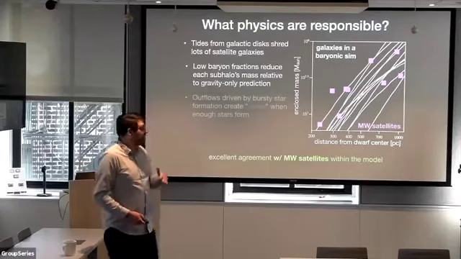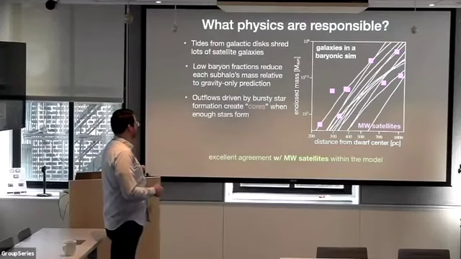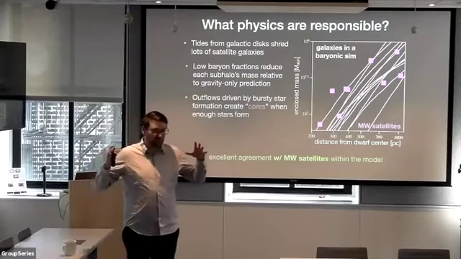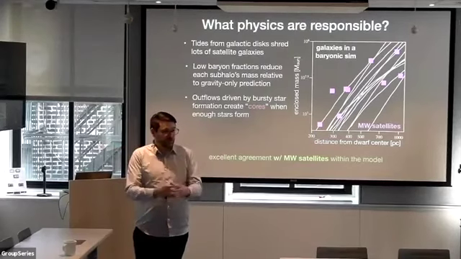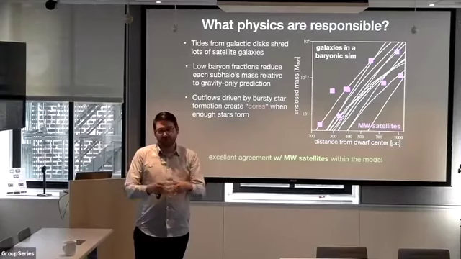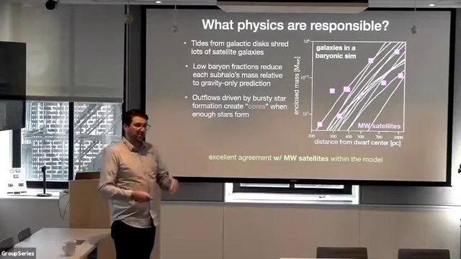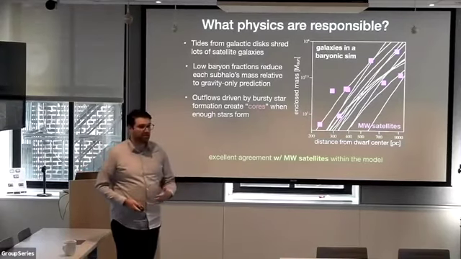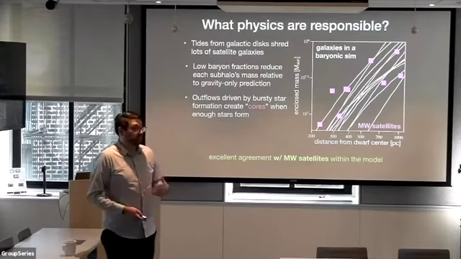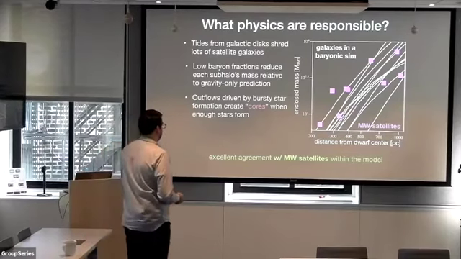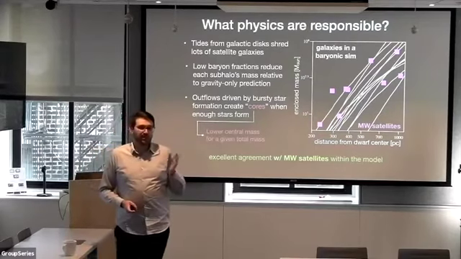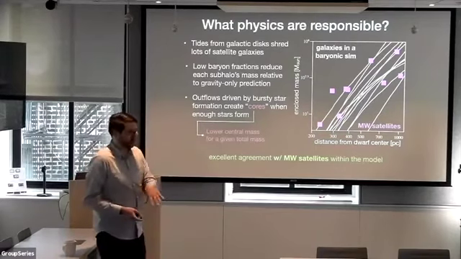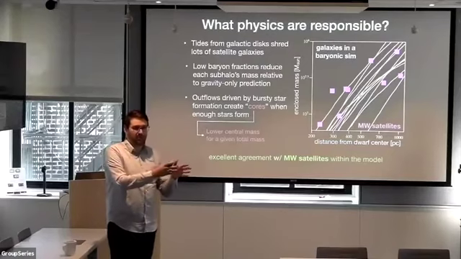And then finally, I showed you earlier that mode of galaxy formation where gas falls in, forms stars, gets blown back out, falls back in, forms stars, gets blown back out. This bursty cyclic star formation has been shown to produce cores in our dark matter halos, where by cores, I mean you have a lower central mass for a given fixed total mass, effectively. So you're moving mass from the center of your halo outwards.